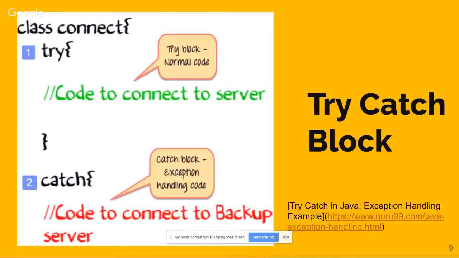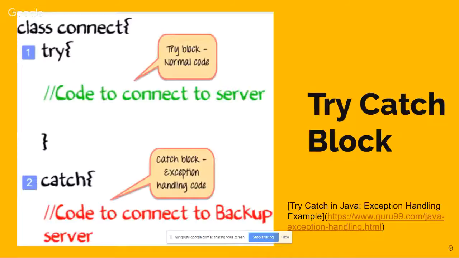Now the exception is always going to be handled in the catch block. So for example, you are trying to connect to a server, but for some reason, or for many reasons, that server may be not online, or maybe throwing an error, maybe it didn't find the page you were looking for.